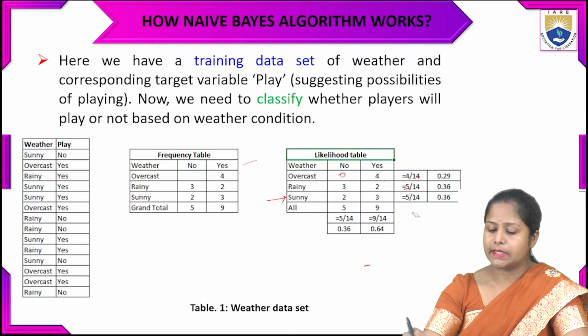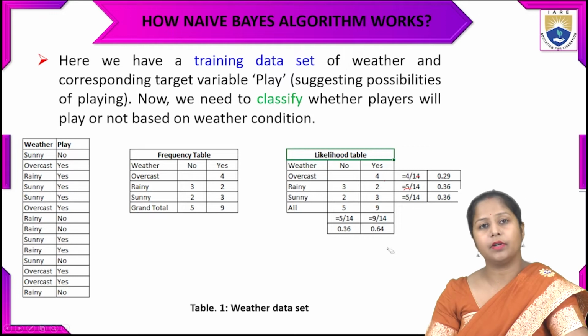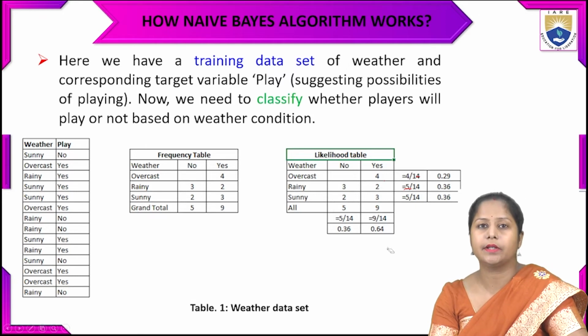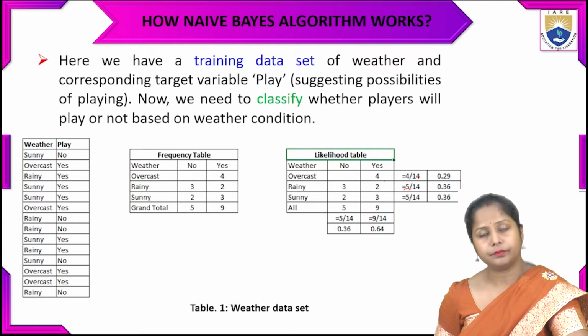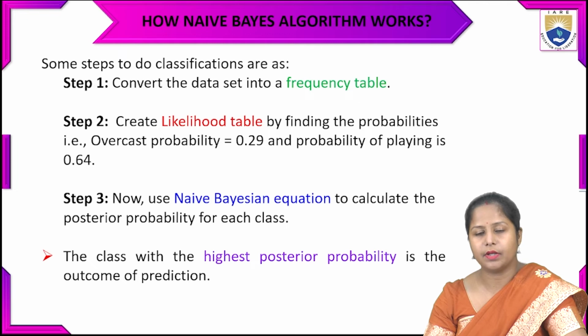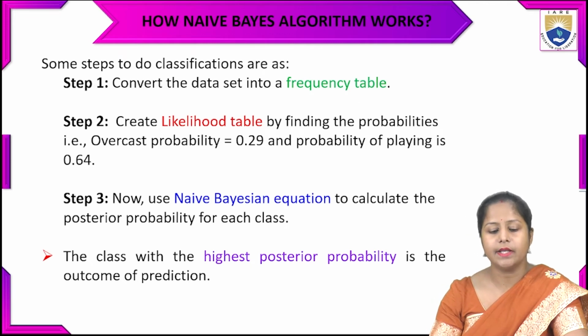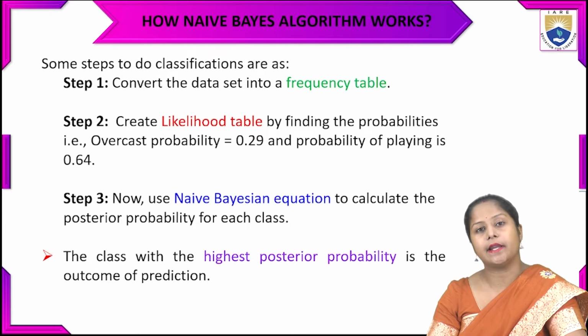Now we will see the steps, the particular steps. That was the only thing I have told about what is there in this table, the player weather table. So now some steps to do classification, what I have told in this earlier slide. So in step 1, what we have to do, we have to convert the data set.